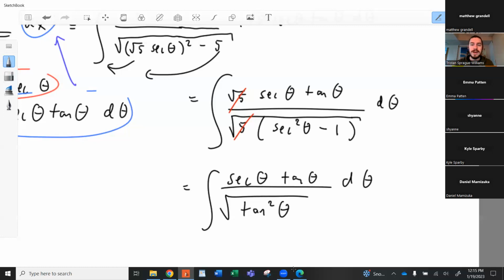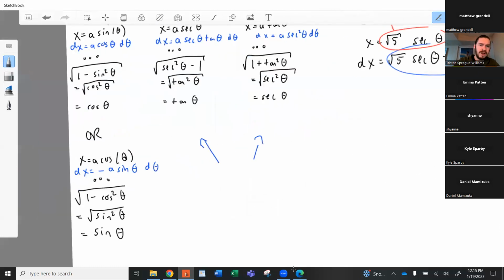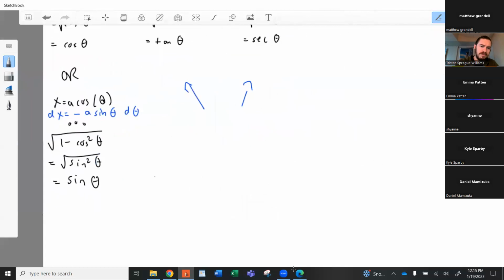Now, I'm thinking about whether we need to worry about the absolute value again, because remember, this is this oft forgotten fact from algebra class, right? That these square roots and squares don't directly cancel out, at least not when you have them in this order. Square root of a square gives you the absolute value, right?